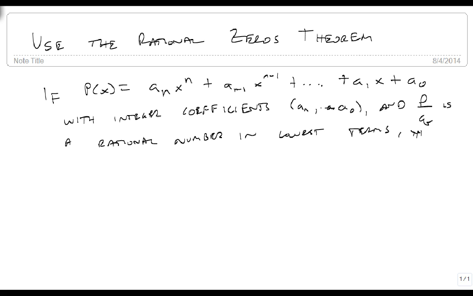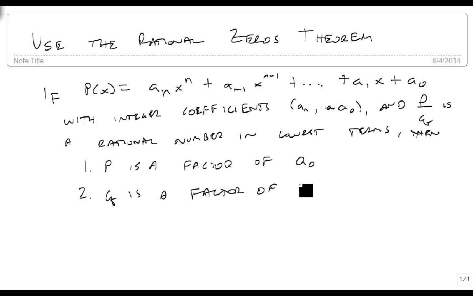Then p is a factor of the constant term a_0, and q is a factor of a_n, the leading coefficient.